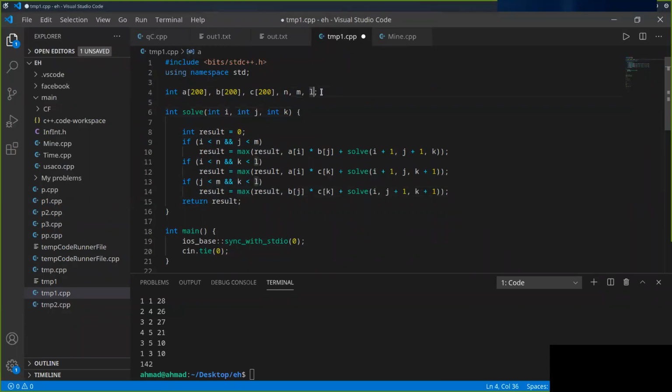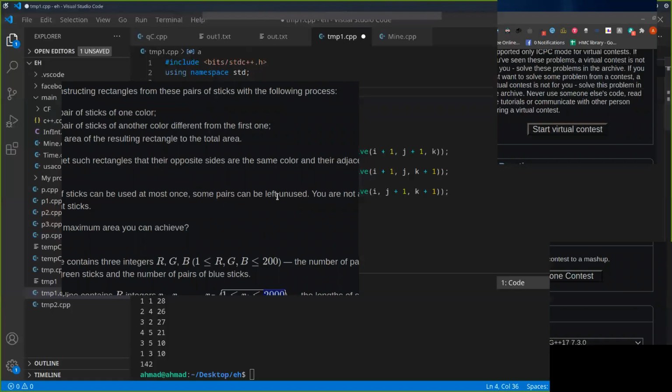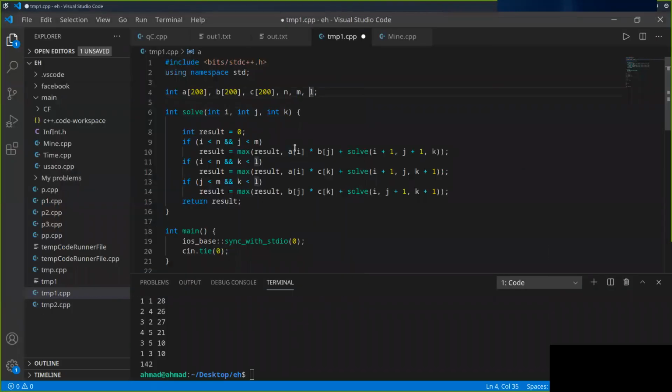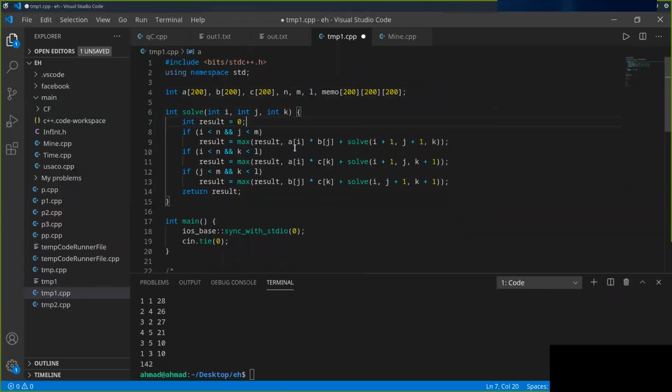Let's make a memo array. So let's make result equal to memo of i, j, k.